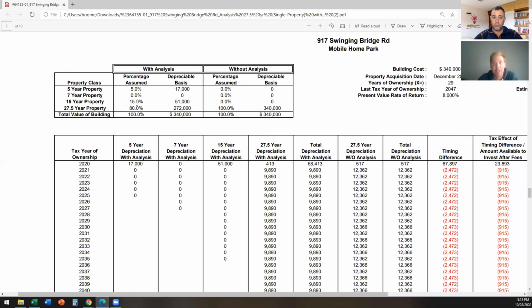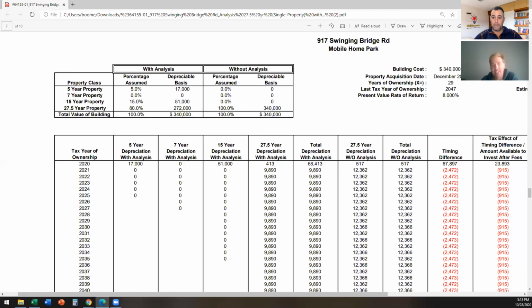Any asset with a class life of less than 20 years, you can take 100% bonus depreciation on and reap it all in year 1. So 5 and 15-year are both less than 20, so they both qualify for 100% bonus depreciation. We are estimating here we can pull forward an additional $67,000 of depreciation expense into tax year 2020.